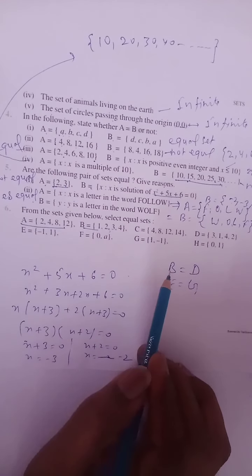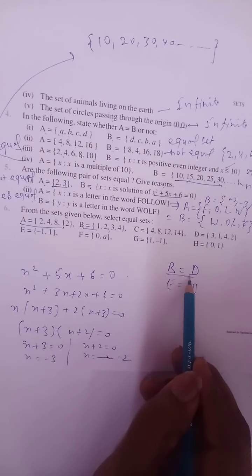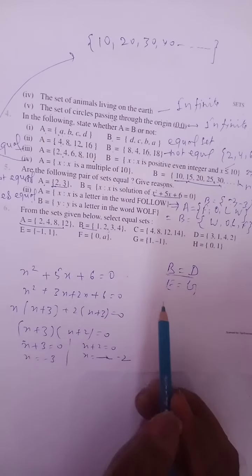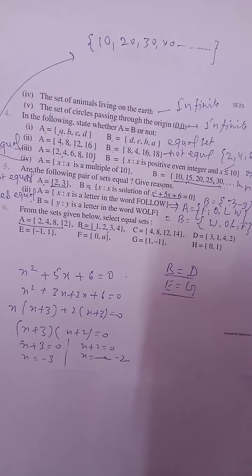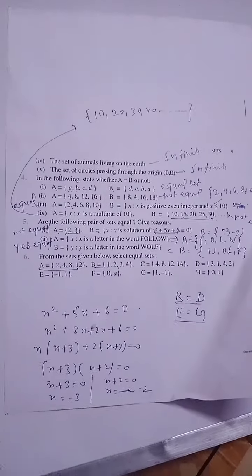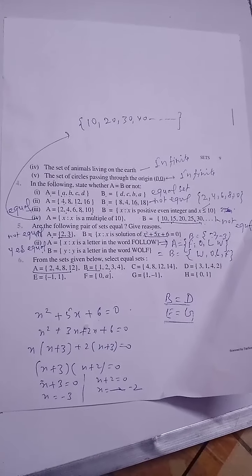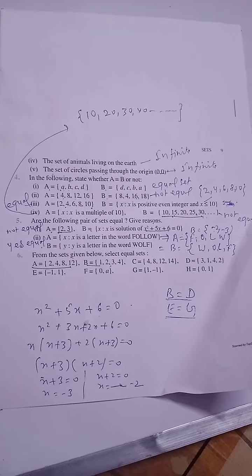This is question number 6. From this data we can see that B set and D set are equal. E and G are equal. Okay, this is how we can find out equal sets in question number 6.